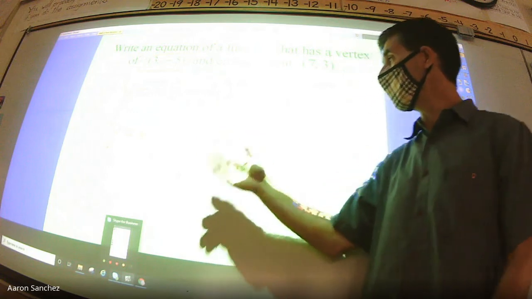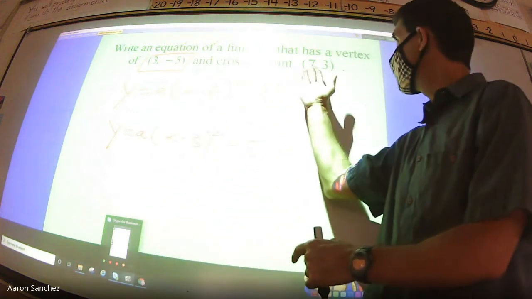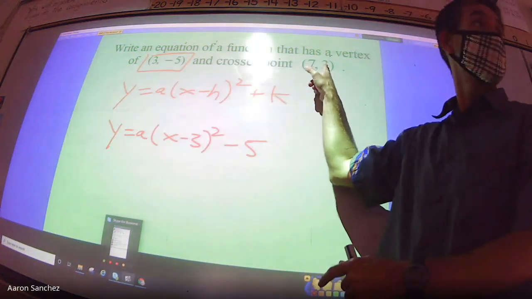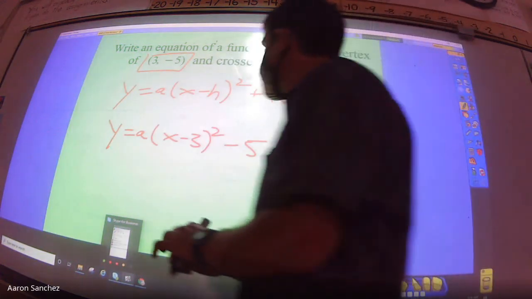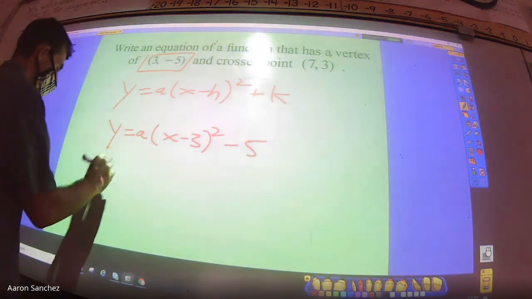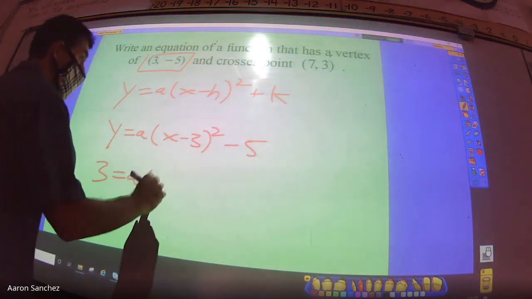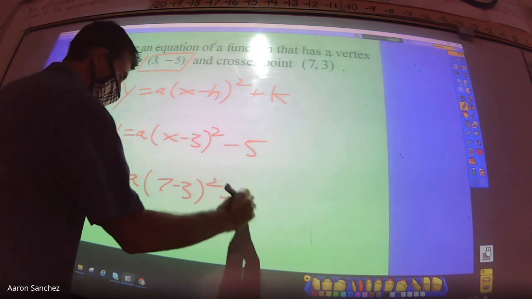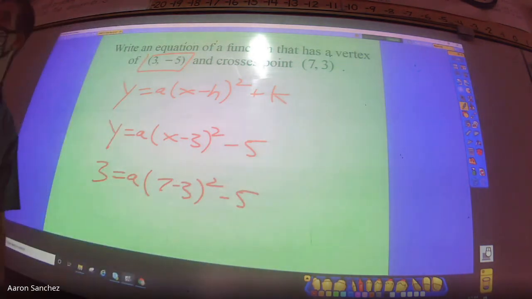I can use this point and plug this in for x and this in for y and just solve for a. So I'll say 3 equals a times 7 minus 3 squared minus 5. And then you solve, right?